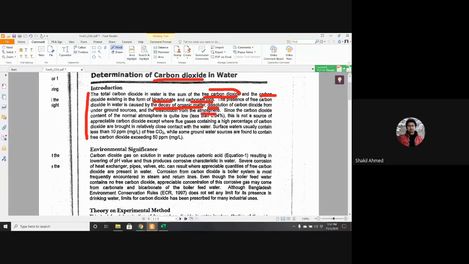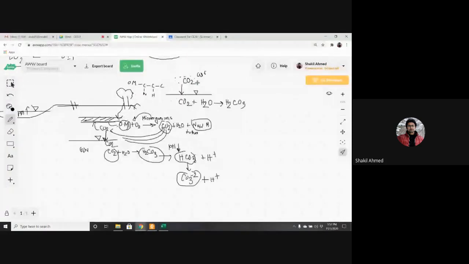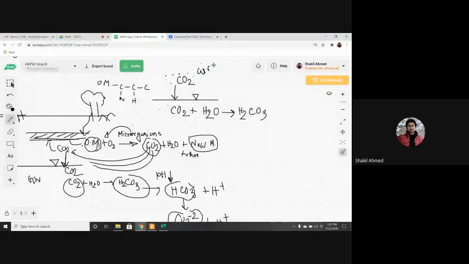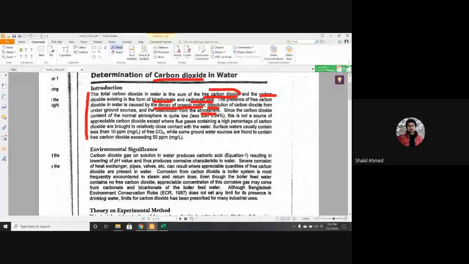I gave the first example. Since the carbon dioxide content of the normal atmosphere is quite low, about 0.04%, air is a very small, almost negligible source of carbon dioxide into the water.